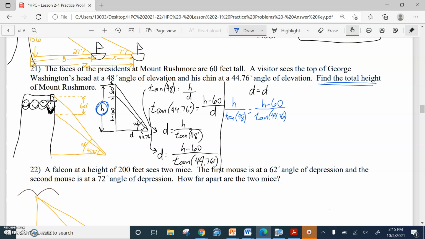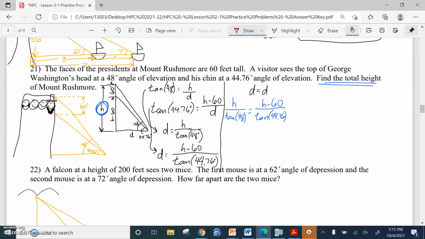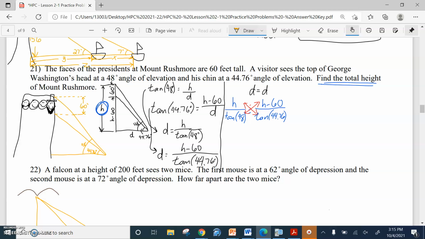So when we have two fractions set equal to each other, we can cross multiply, and we can say that the top left times the bottom right is equal to the top right times the bottom left. Let's go orange for this one. So the next one, we're going to rewrite that.